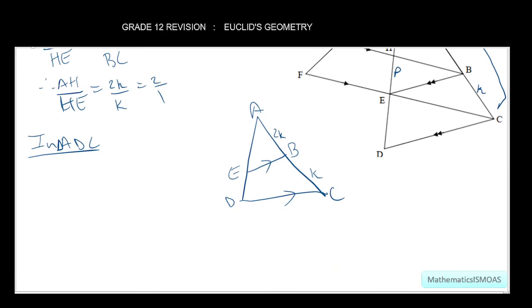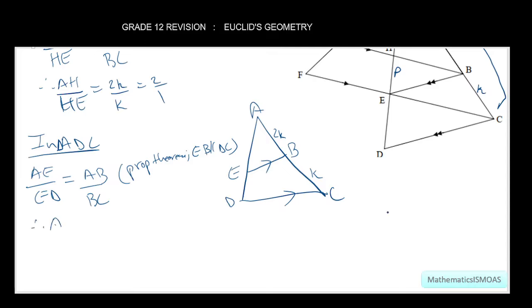Then we'll say AE to ED will be equal to AB to BC. Again, proportionality theorem, from which two parallel lines, EB is parallel to DC. Therefore, AE to ED will be 2K over K, which is 2 over 1.